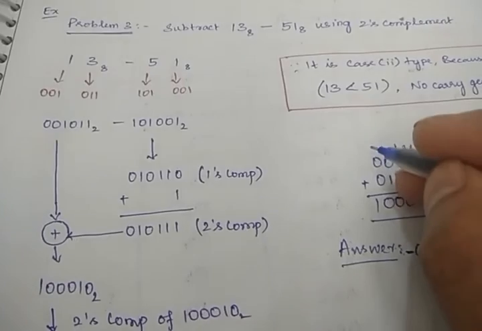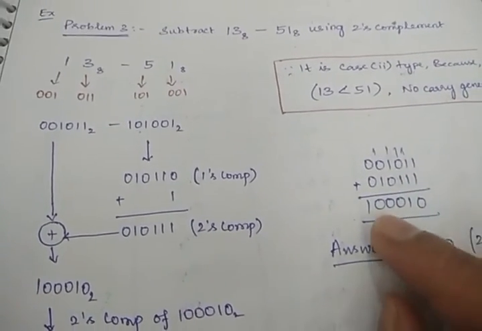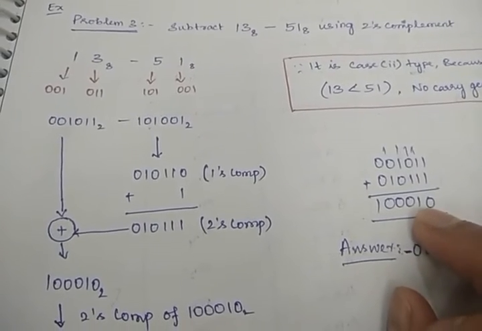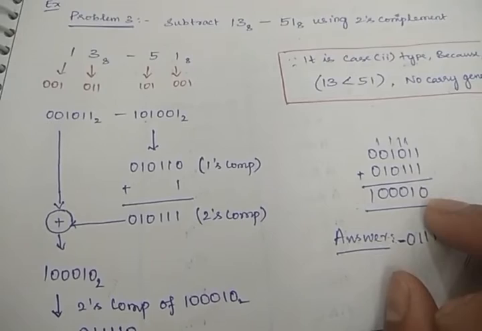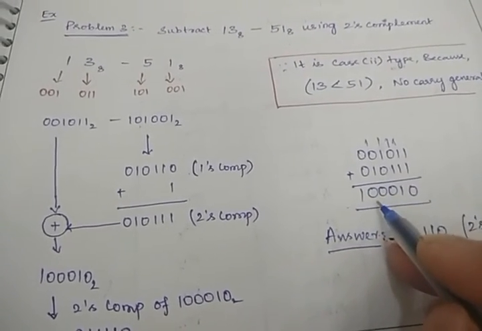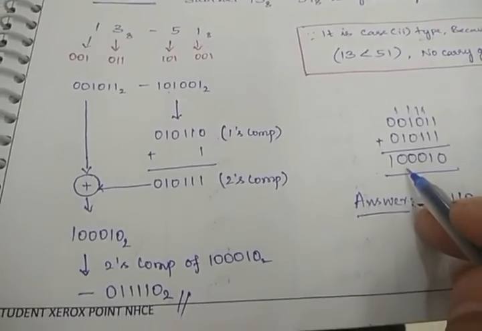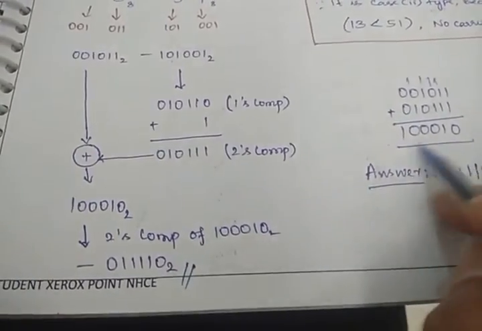Again 0, remainder 1. Again 1. So you got 1000010. This is the answer we got.